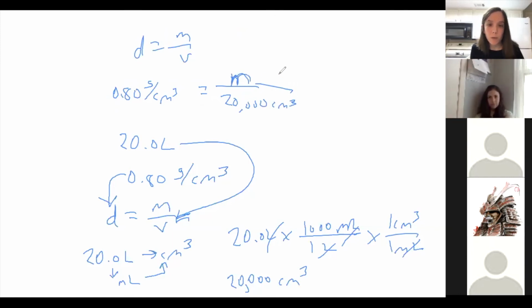And then we'd solve for M. So we do 20,000 times 0.8. Get 16,000 grams for M.